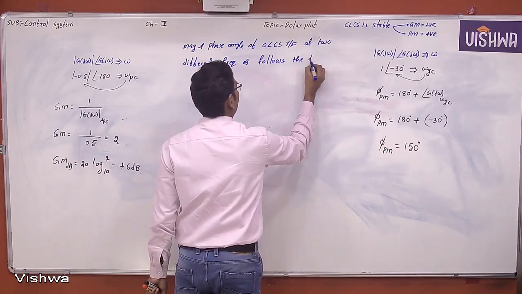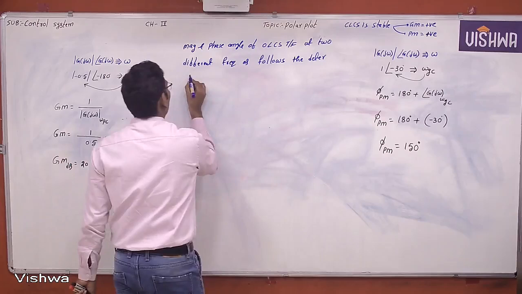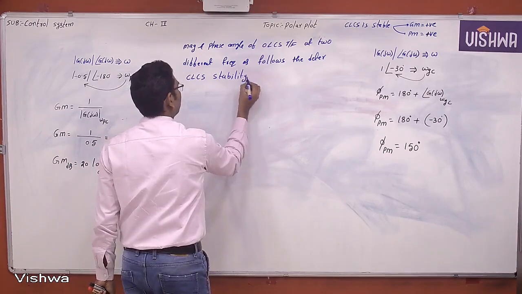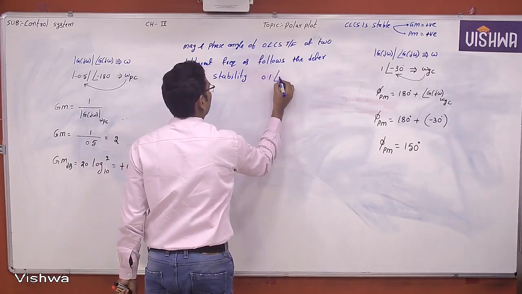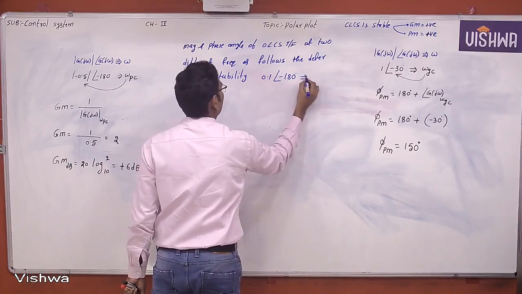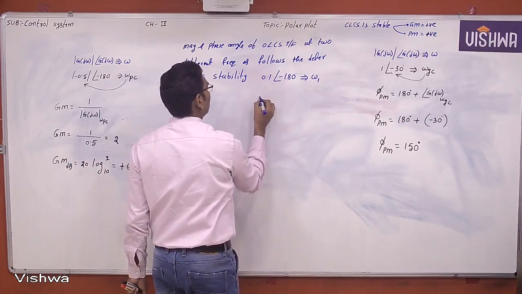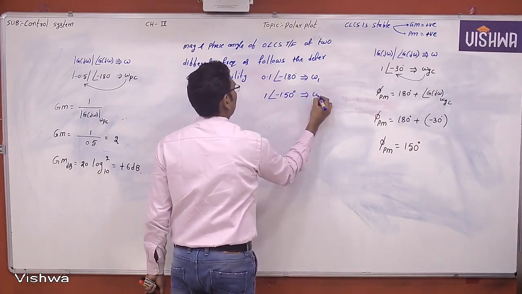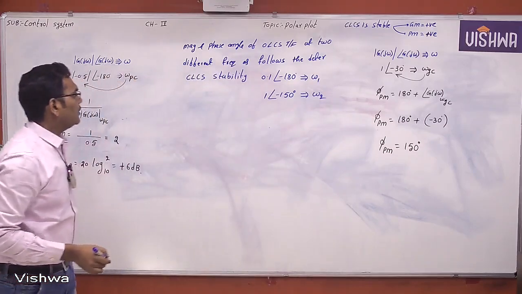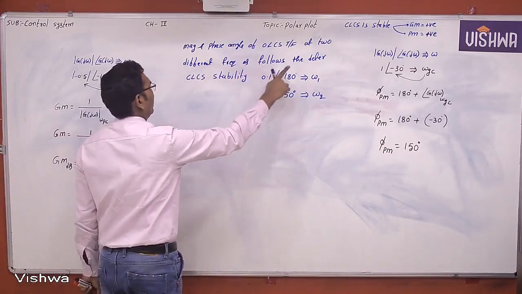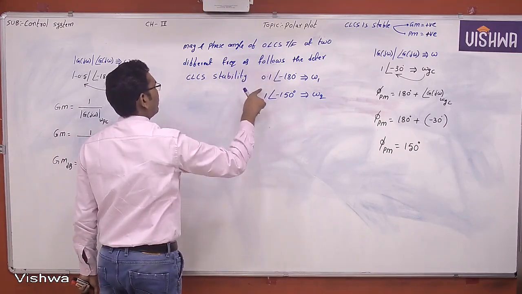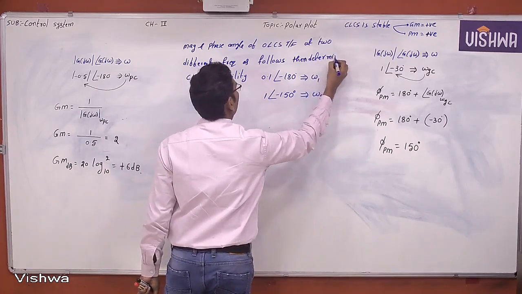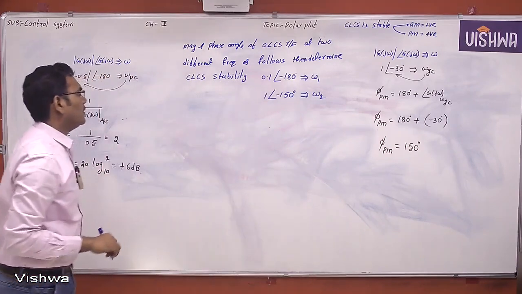Then determine the closed loop control system stability. This is the relation which is given. Magnitude and phase angle of an open loop transfer function at two different frequencies as follows. Then determine the closed loop control system stability is the question.